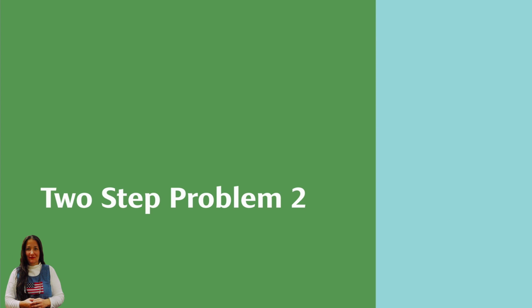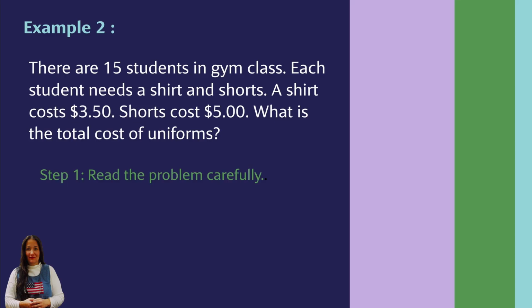Two-step problem 2. Step 1, read the problem carefully. There are 15 students in gym class. Each student needs a shirt and shorts. A shirt costs $3.50. Shorts cost $5. What is the total cost of uniforms?